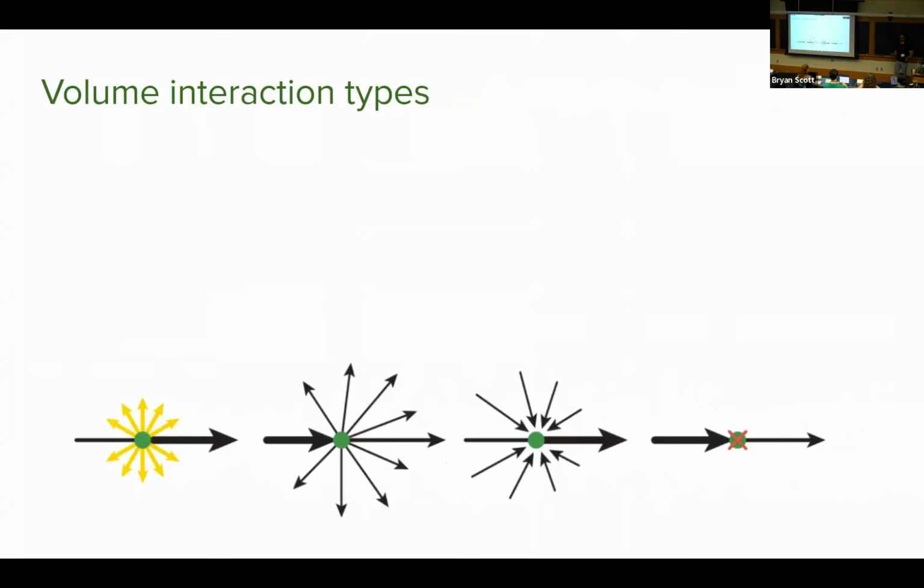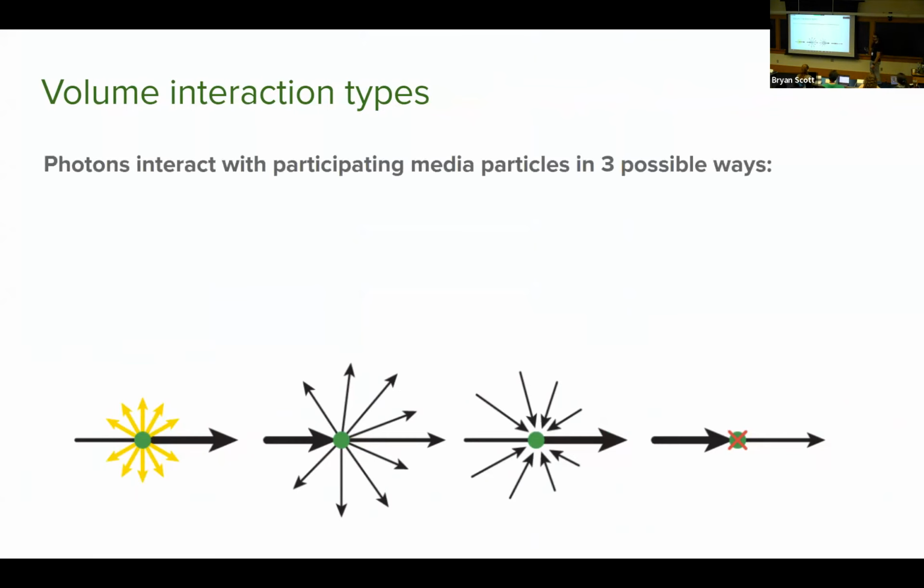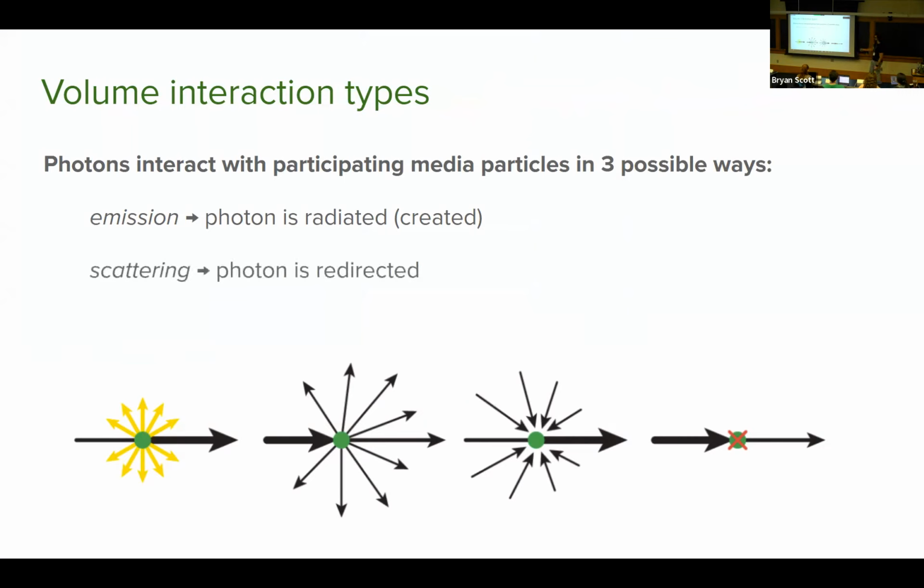Okay, so what kind of interactions do we have between light and volumes? How do we think about light interacting with volumes? There are three fundamentally different ways. The first is emission: a photon is created or radiated out from an object, let's say a light, a projector or the sun. Scattering: a photon is redirected, so it changes direction after hitting a particle of the medium.